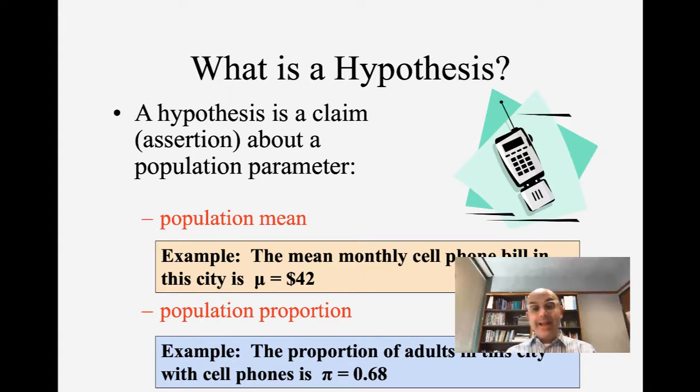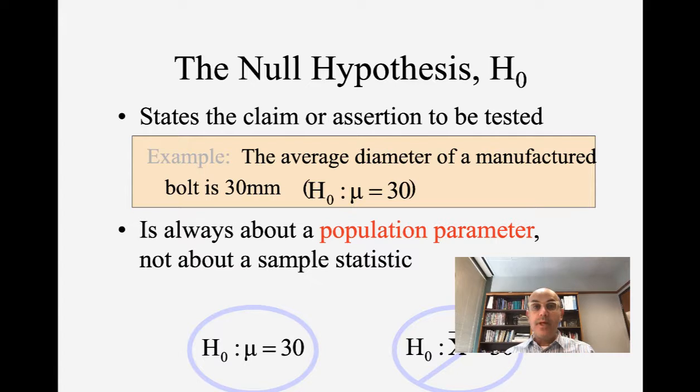Or another example is the proportion of adults in this city who use cell phones is, and I will give you, pi equals 0.68. Those two examples are talking about the entire city, not the sample that you're going to take from.